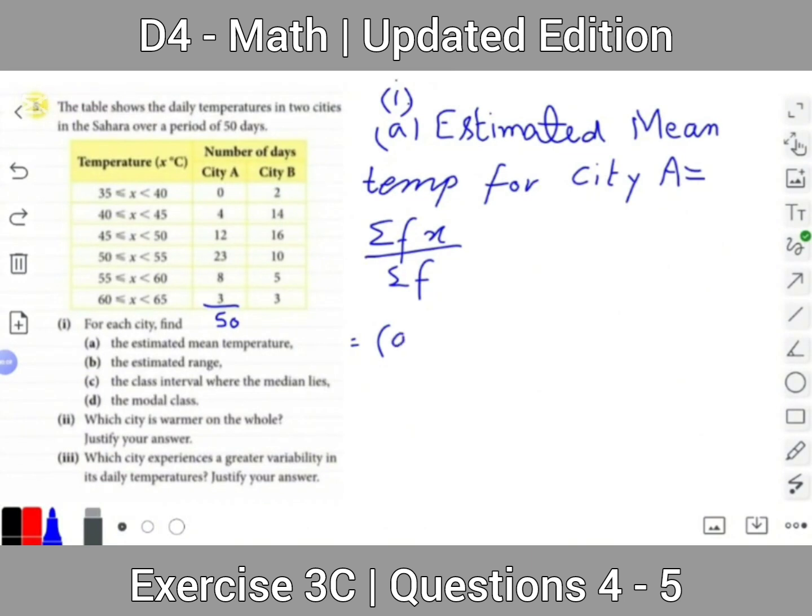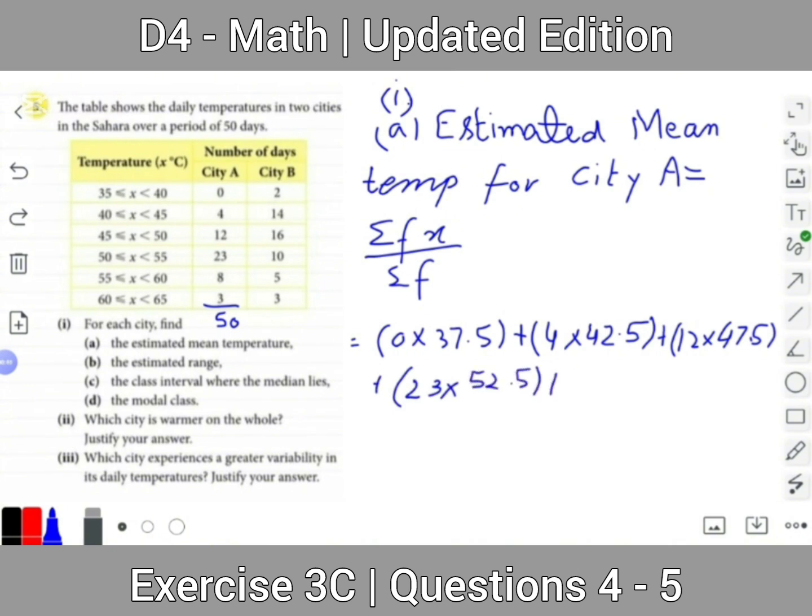So here we have 0 multiplied by 37.5 plus 4 multiplied by 42.5 plus 12 multiplied by 47.5 plus 23 multiplied by 52.5 plus 8 multiplied by 57.5 plus 3 multiplied by 62.5, and divide it by the total frequency, and in our case that is 50.